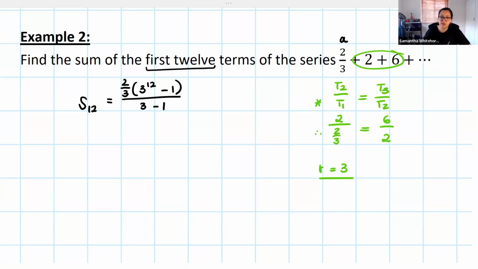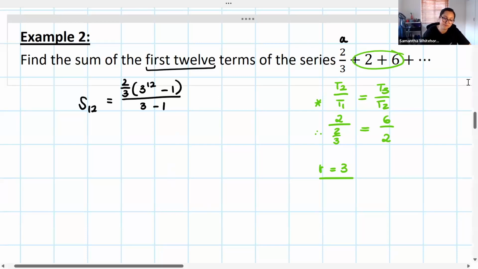Yes, like I say, let me know in the chat what you get as your sum once you put that into your calculator. And guys, you can write your answers as fractions or as decimals. It really doesn't matter. Both are fine.